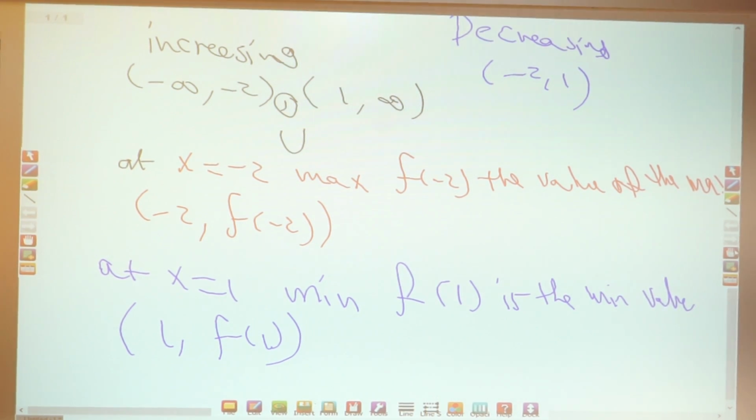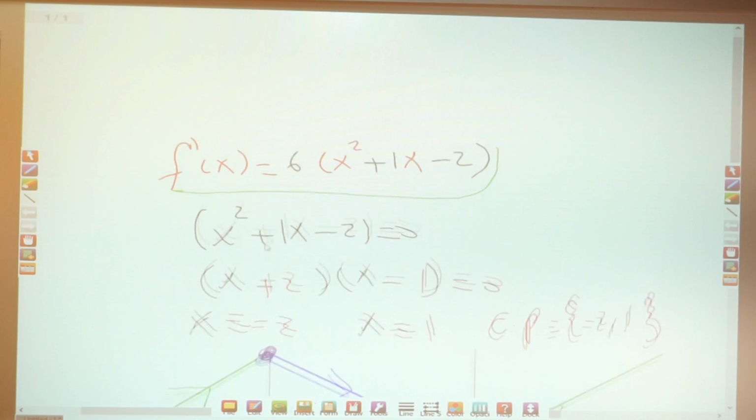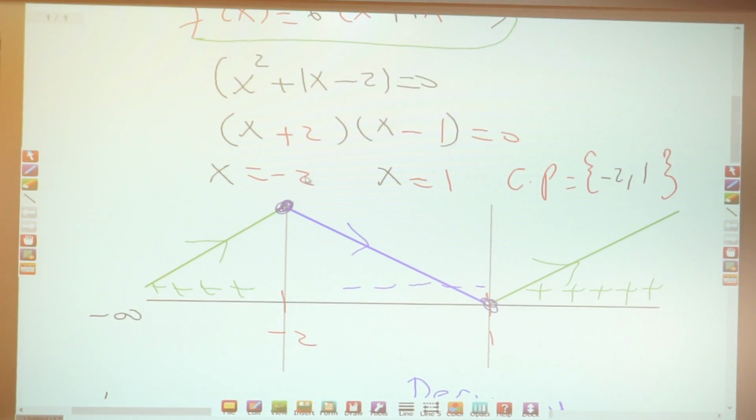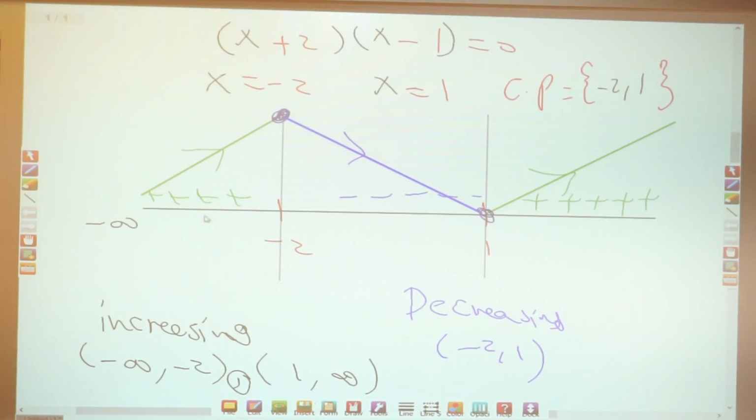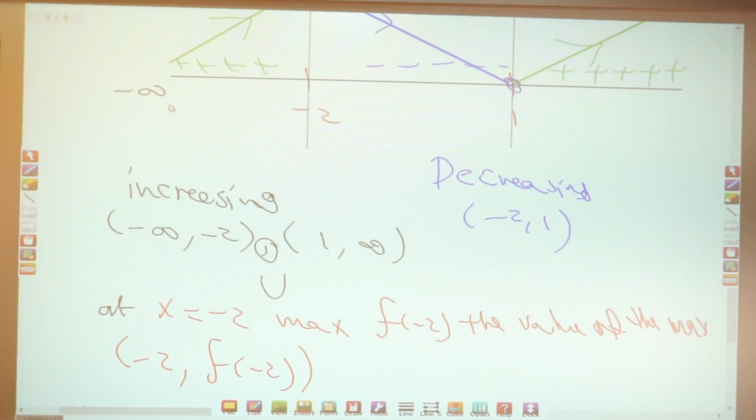All I did after I found the derivative was solve the derivative equal to 0, find the two roots, the zeros, plug them in the number line, choose test values here, there and here, and plug these test values in the derivative. Back a few minutes in the video, you'll see it. Then increasing from negative infinity to negative 2, or 1 to infinity.